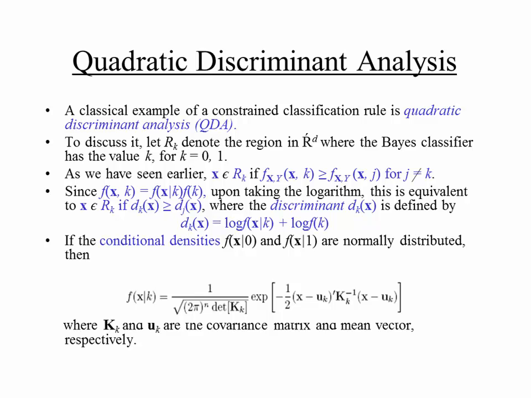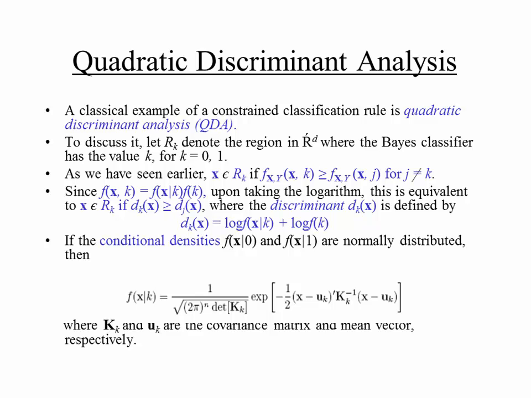It's exactly the same thing as what I showed you in the derivation of the Bayes rule. So x is in Rk if the joint density with class label k is higher than the joint density with class label j. That's what we saw over there: eta of x greater than or equal to 1 minus eta of x, because the f of x that was multiplying eta of x is the same in both cases, so it doesn't make any difference.